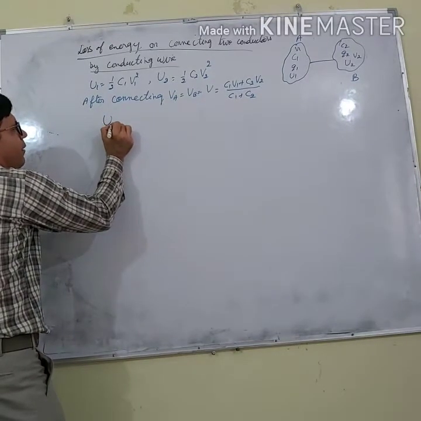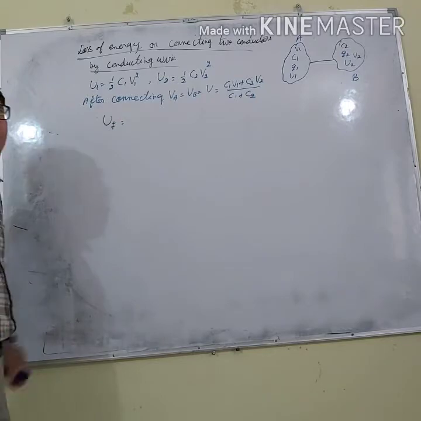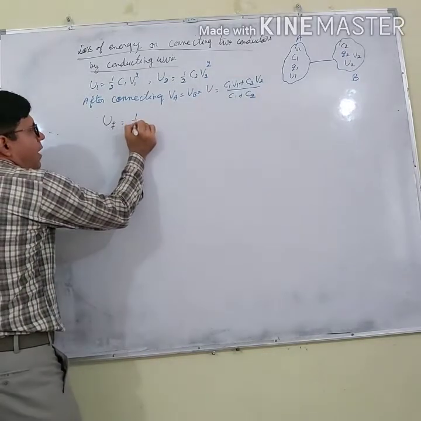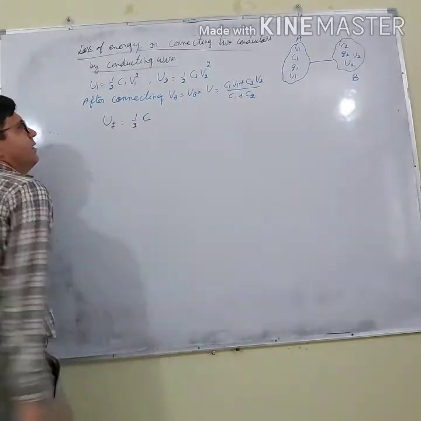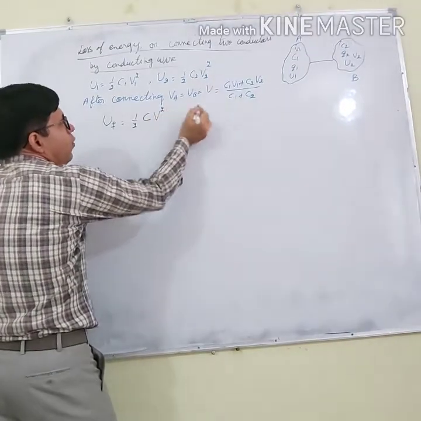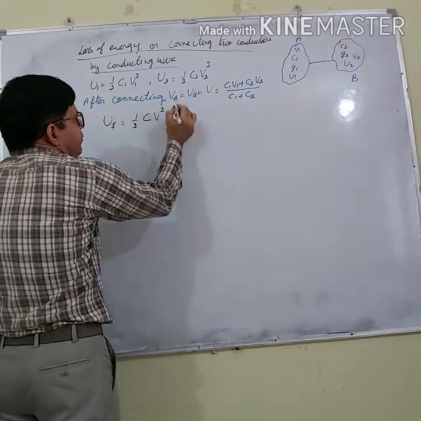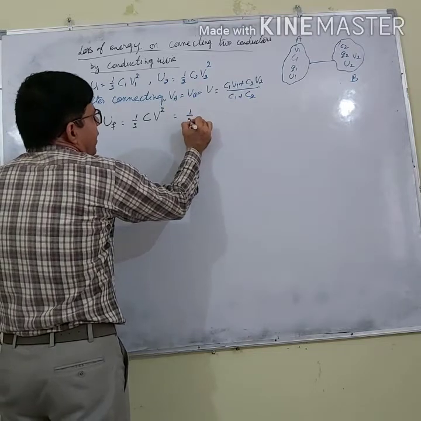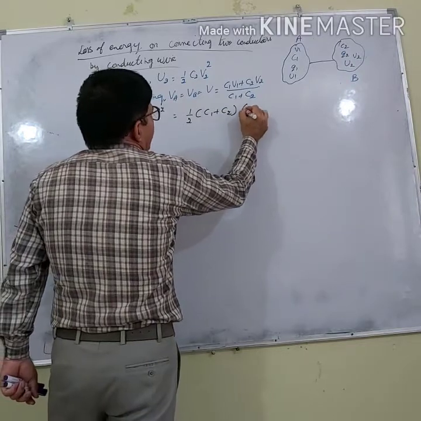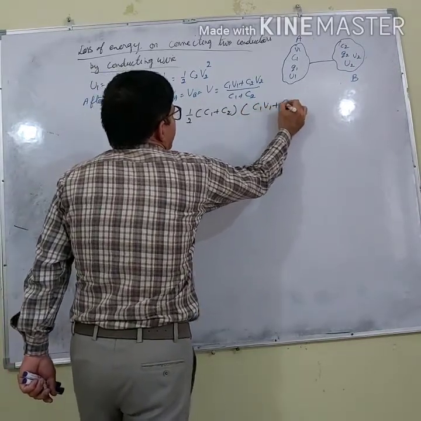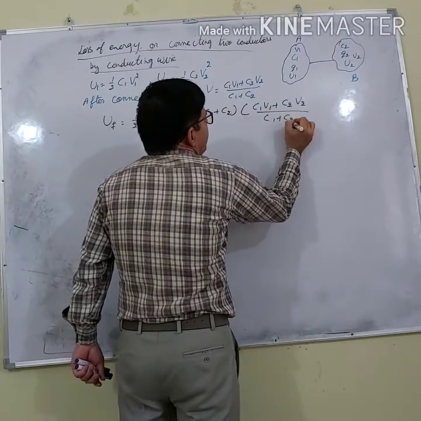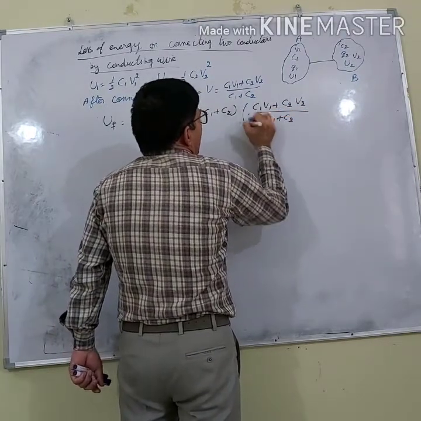Let us write it as UF. It is half C V square, where C is the total capacity and V is the common potential. So I can say half (C1 plus C2) times (C1 V1 plus C2 V2 divided by C1 plus C2) whole square.